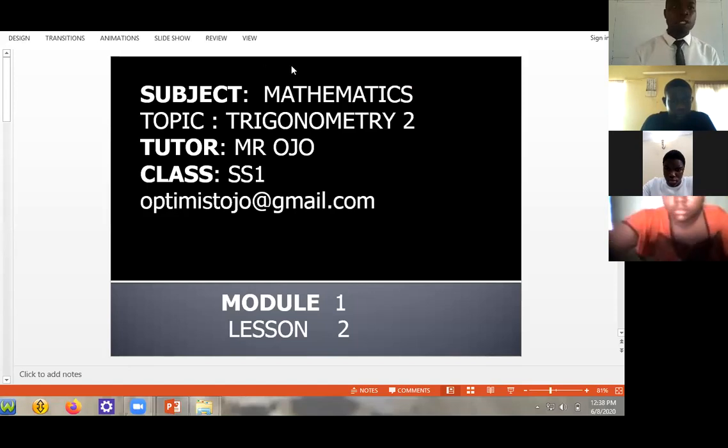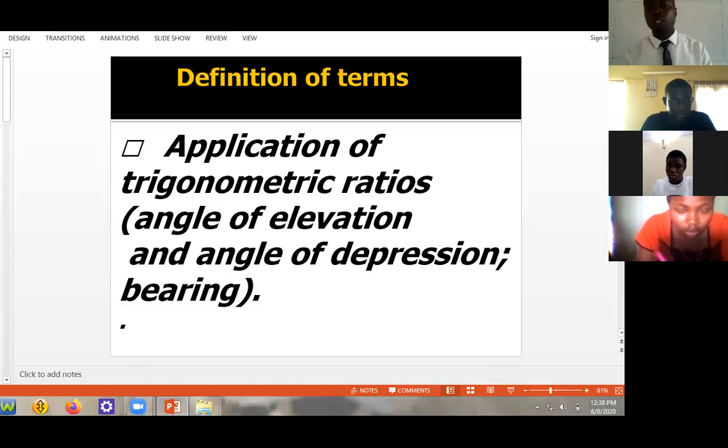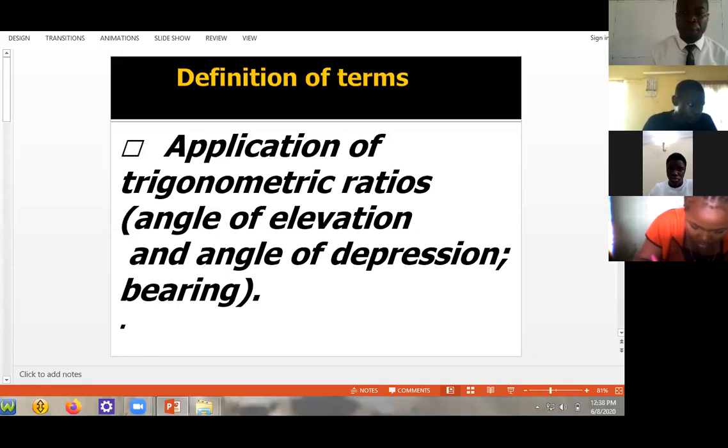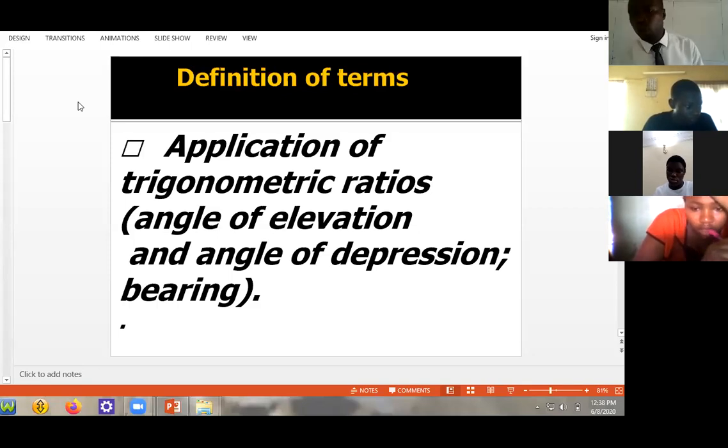We are going to be looking at the application of trigonometric ratio. In the application of trigonometric ratio, we have angle of elevation, angle of depression, and bearing. But today, because of our time, we are not going to do bearing.